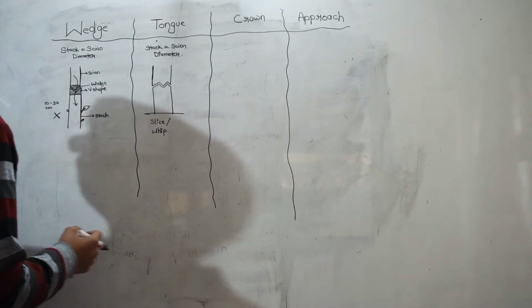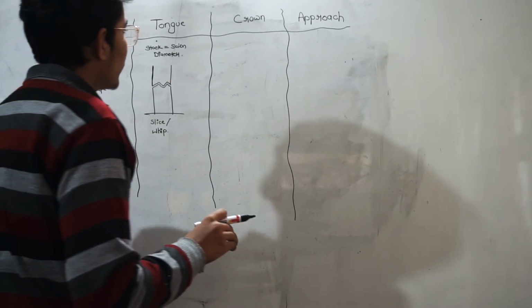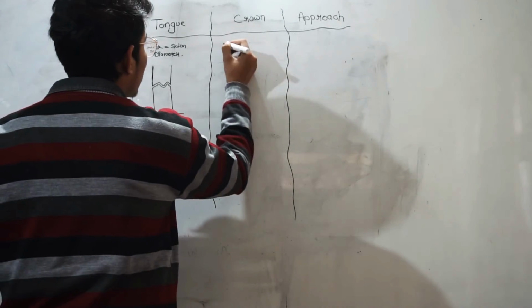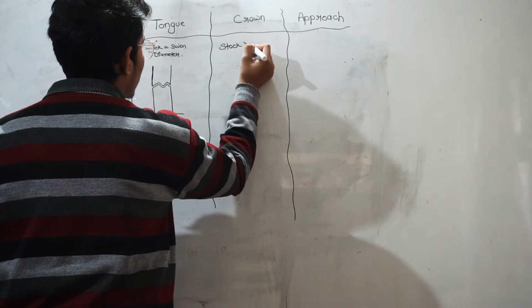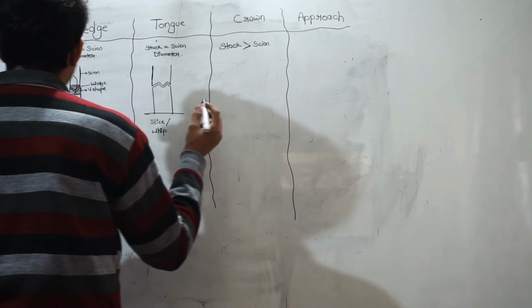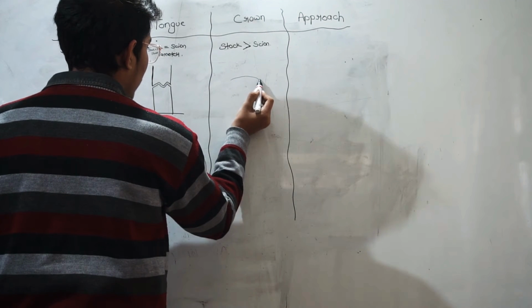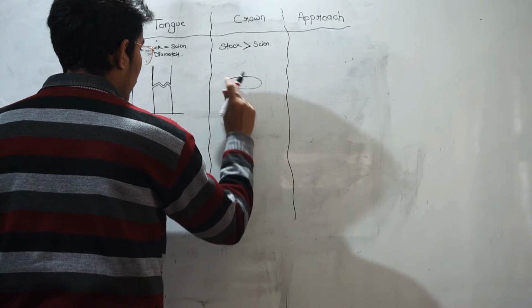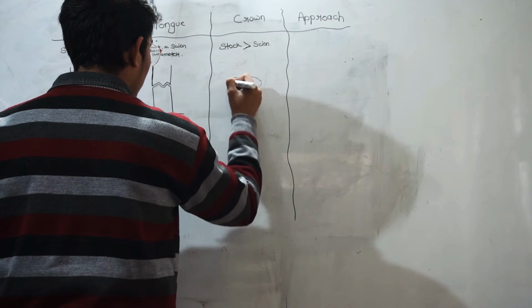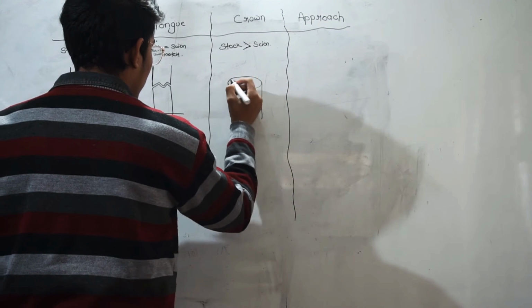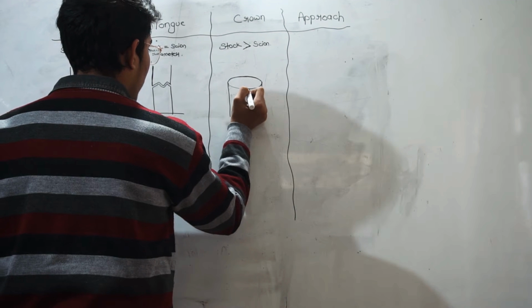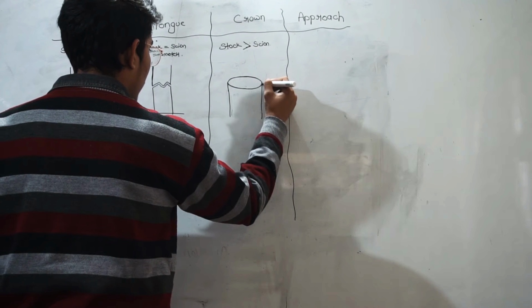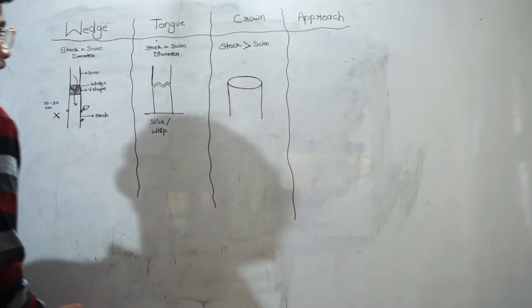Now, if talking about the crown type of grafting, here the diameter of stalk is greater than scion. So, like this.